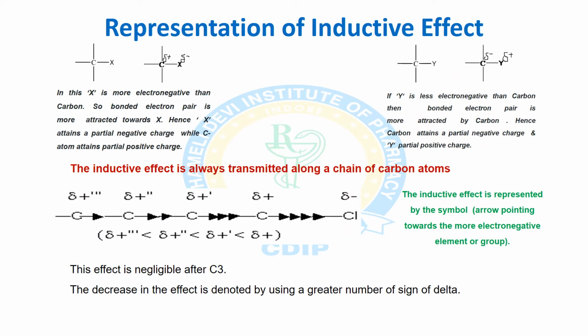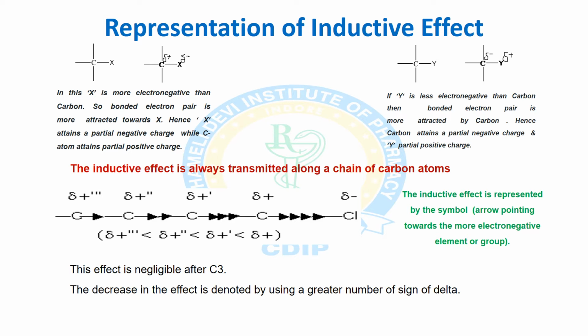Now you can see here two molecules, CH3X and CH3Y. When X is more electronegative than carbon, definitely X pulls its electron cloud towards itself, because of the electronegativity of X, and hence X attains a partial negative charge while carbon attains a partial positive charge.